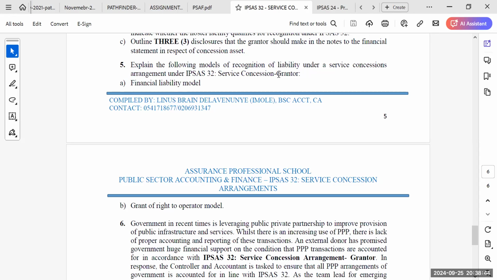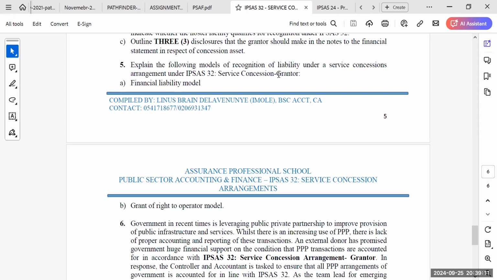But for the grant of rights model, the grant of right to the operator is used when there is no unconditional obligation to pay cash to the operator for development of anything. The grantor only recognizes a liability to the extent of the portion of the revenue arising from the concession arrangements.